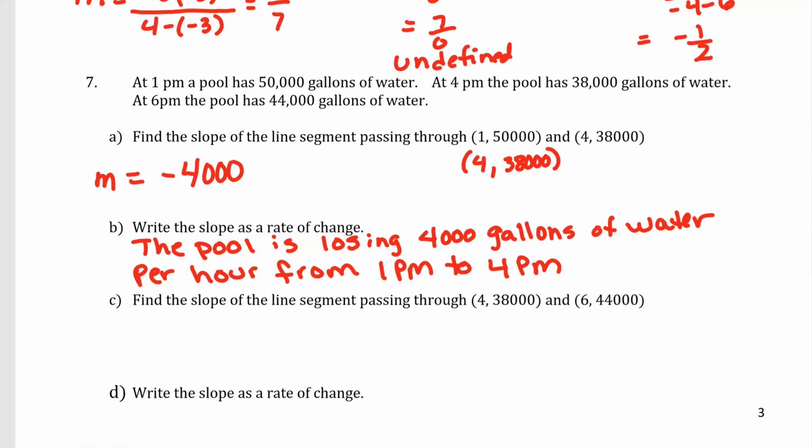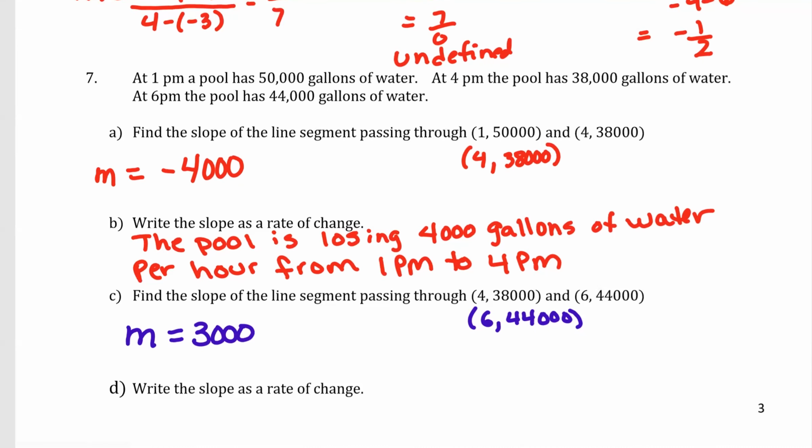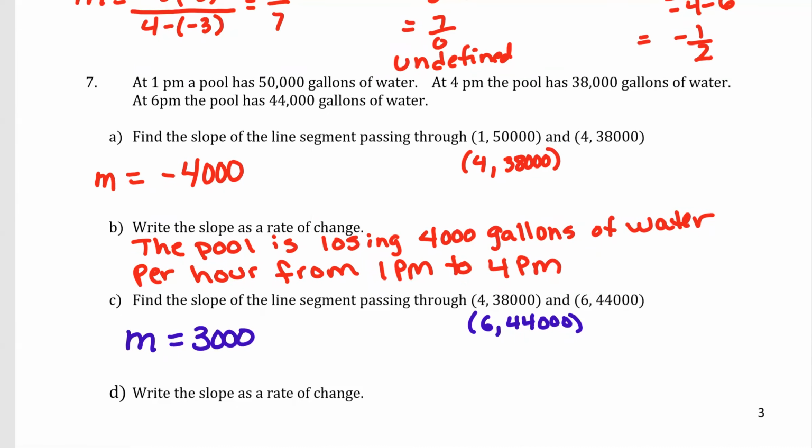Find the slope of the line segment passing through (4, 38,000) and (6, 44,000). So I would take 44,000 minus 38,000 divided by 6 minus 4. So that's going to give me 3,000. So what does this mean in terms of this problem?